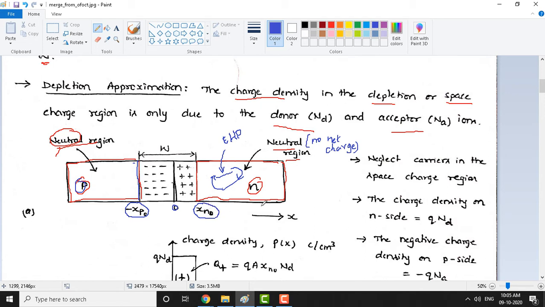So x is a distance measured from the center of the p-n junction, and it is positive towards the n side and negative towards the p side.